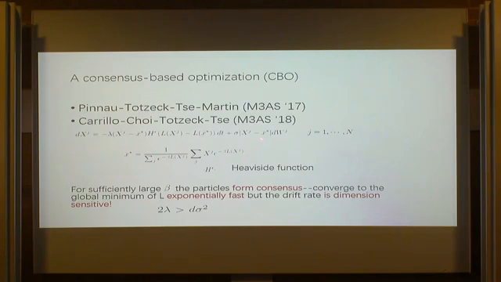The other term is actually a Brownian motion term. If you only have the relaxation, you may get stuck in a local minimum, and with this Brownian motion term, you look around the landscape and try to get out with certain probability. And the key, of course, is the choice of this consensus, I mean this average. What they choose is e to the minus beta L. L is the loss function, the function you want to minimize, and beta is some constant.